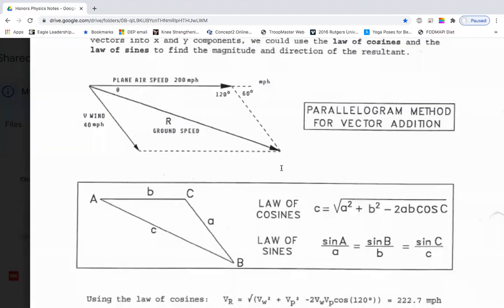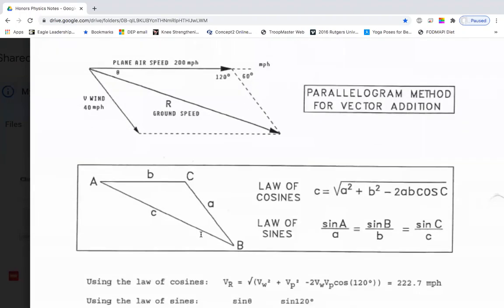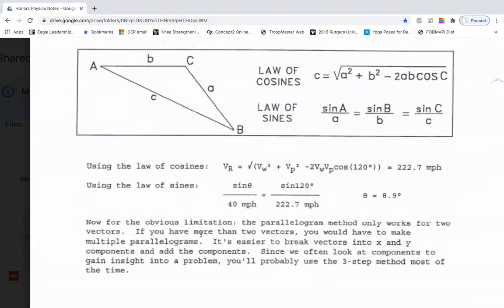Sometimes we need to use the law of cosines, and they only are limited to triangles. If you go back to your orienteering lab, we didn't have a triangle. We had some kind of shape that had more than two vectors adding up to a third. So we have to use the component method. And that is a general method that works for adding up all the vectors. So that's the one we'll focus on.